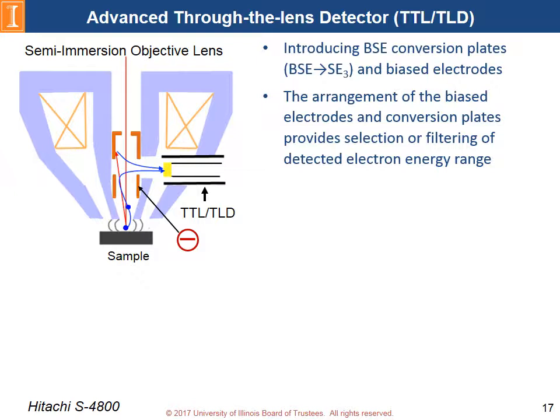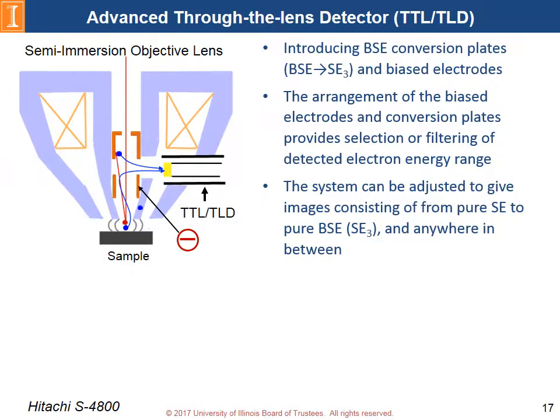But when the electrode is negatively biased, SE1 and SE2 are now going to be rejected from the pole piece. Therefore, they won't be detected by the through the lens detector. The signals for the through the lens detector are now from BSE, to be exact SE3, which are converted from BSE.